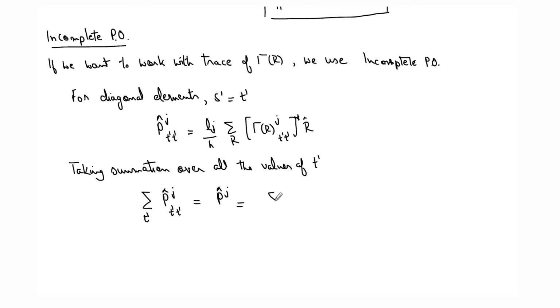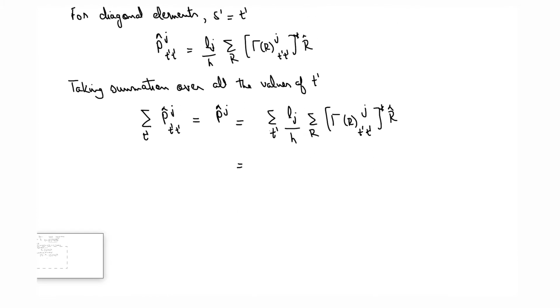So we have the summation over T prime, Lj over h, summation over all R, tau R T prime of the jth representation star, operator R. Now this summation over T prime can be taken inside because this is the only term which depends on T prime, so we can take the summation inside and expand it.